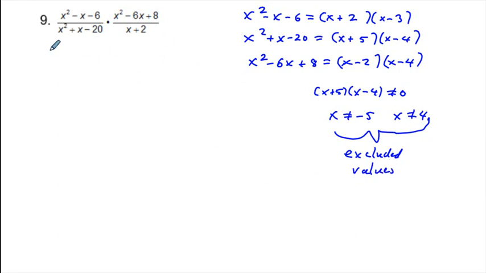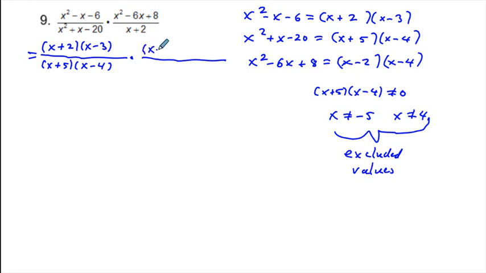And now going ahead and rewriting, so we hope to simplify, we'll rewrite this expression as quantity (x plus 2) quantity (x minus 3) over (x plus 5)(x minus 4), times our factored numerator here of (x minus 2)(x minus 4), all over (x plus 2).